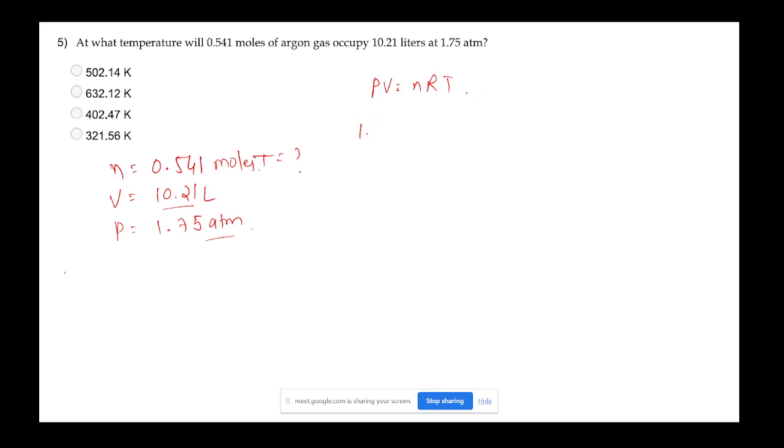Pressure is given as 1.75 atmosphere, which is nothing but 1.75 into 101,325 pascals. Pascal is the SI unit for pressure. Now volume is 10.21 liters. If you want to convert it into meter cube, then it is 1 by 1000 meter cube per liter.